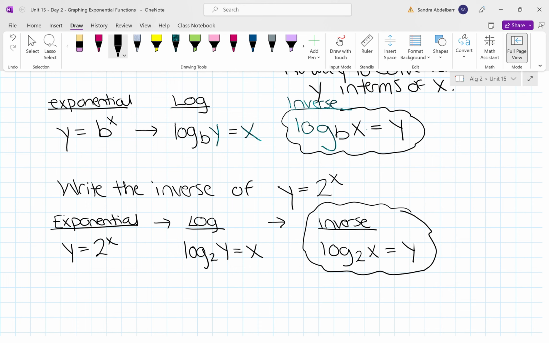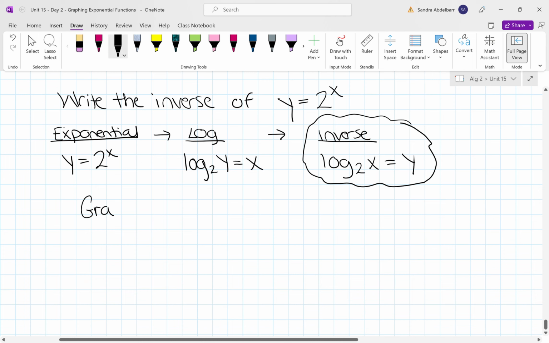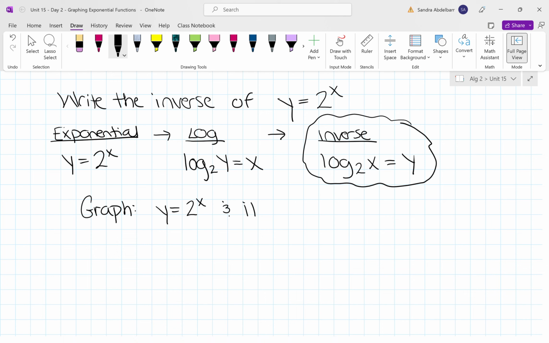Now let's graph it. I want us to graph y equals 2 to the x and its inverse. It's more of a sketch. Let's say sketch. It's not going to be completely accurate.